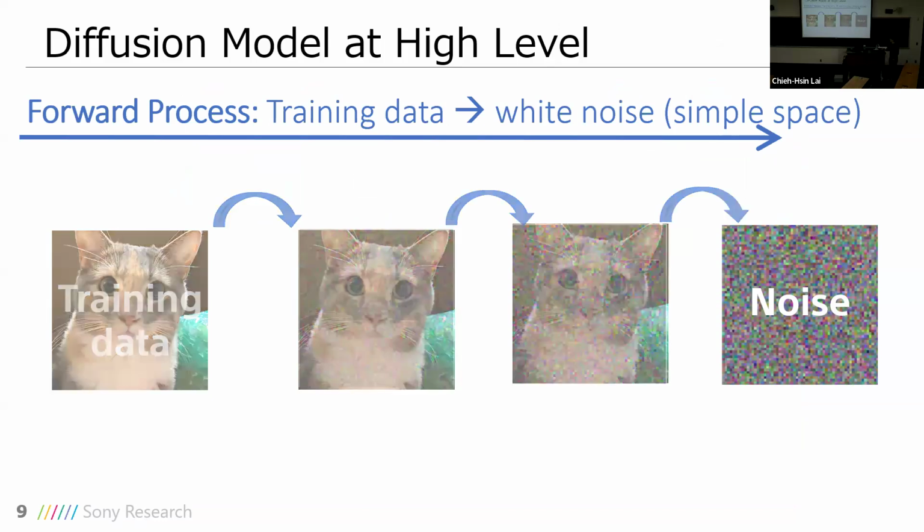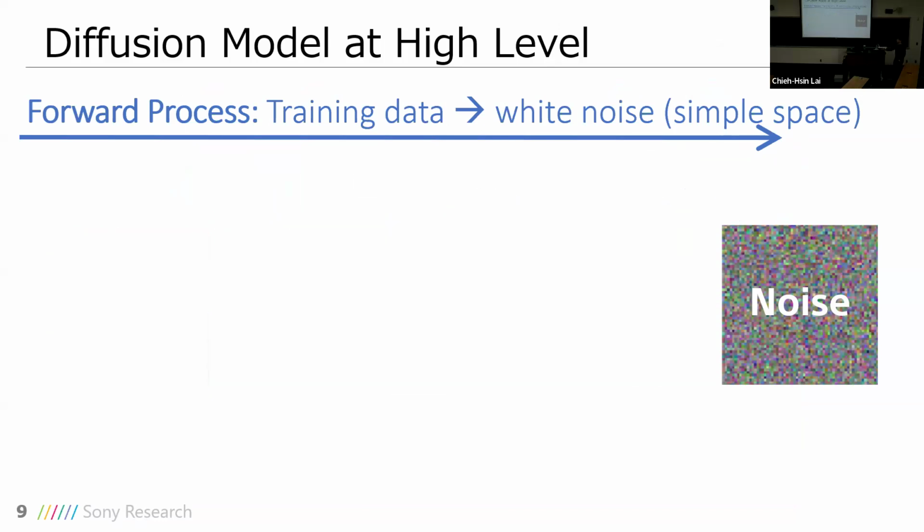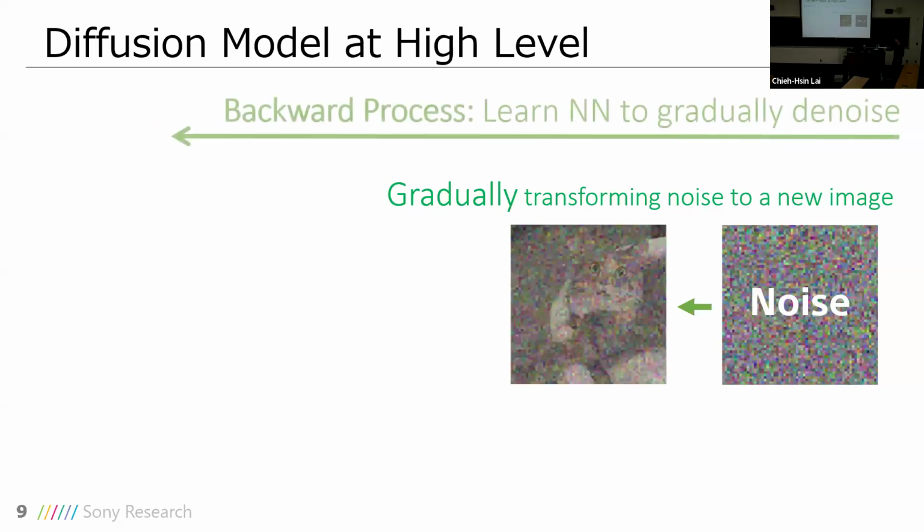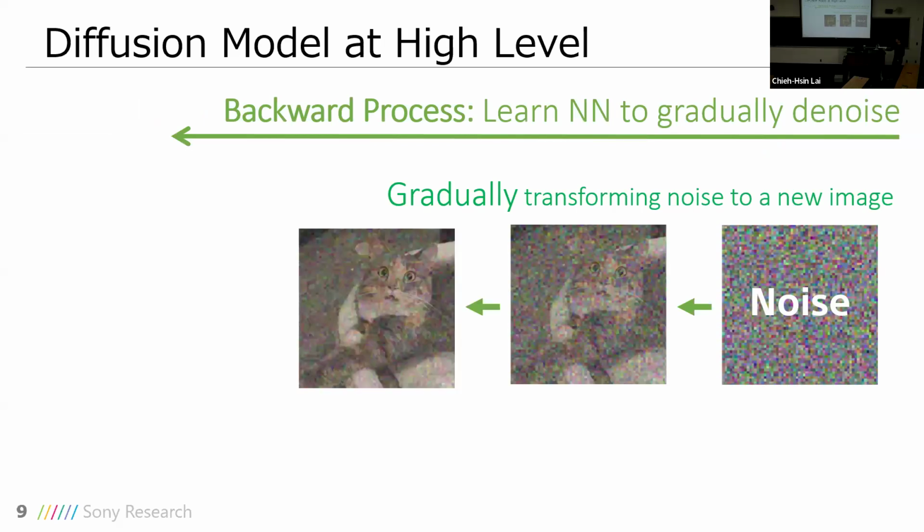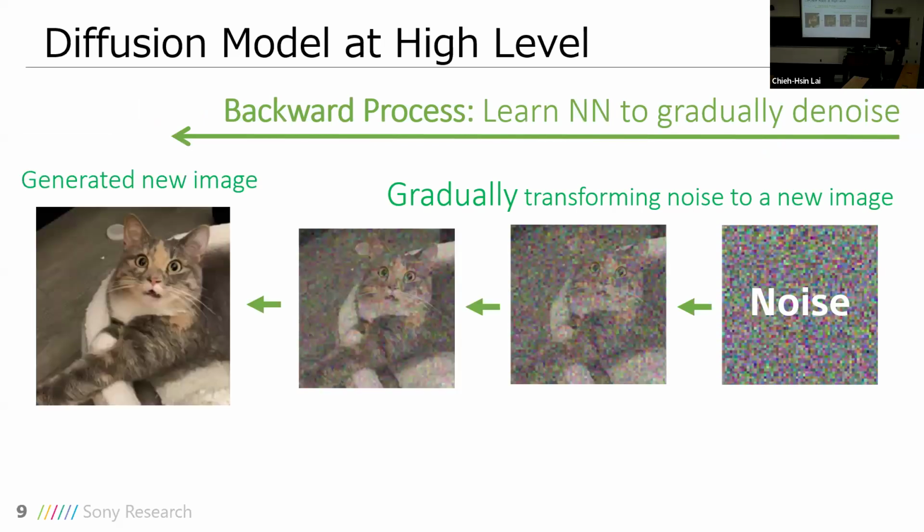The second process is the backward process, in other words the one for generation, which gradually removes noise from a random noise to a clean generation. So it contains two processes. I'm going to explain these two processes in detail and also answer your question.